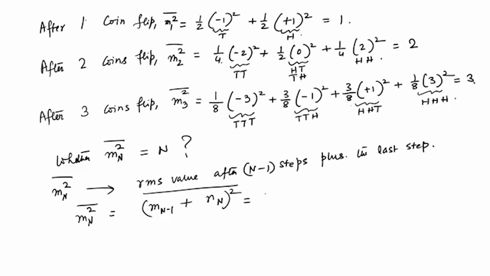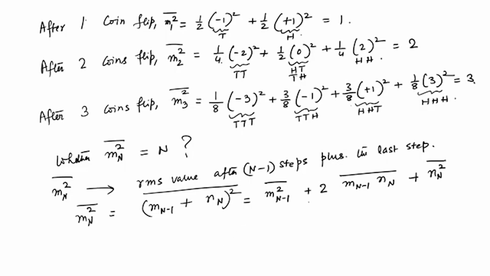This is equal to m n minus 1 square average plus twice m n minus 1 into nn average. See that here we are using a bar, but in some texts you can use an angular bracket, and that can also be used. Plus nn square average.